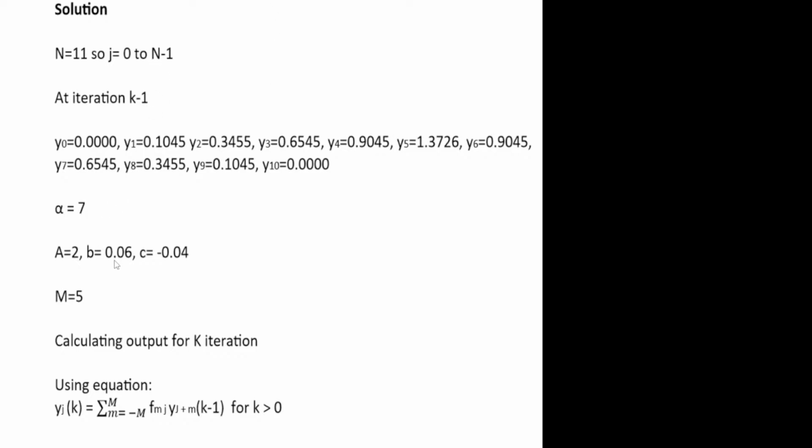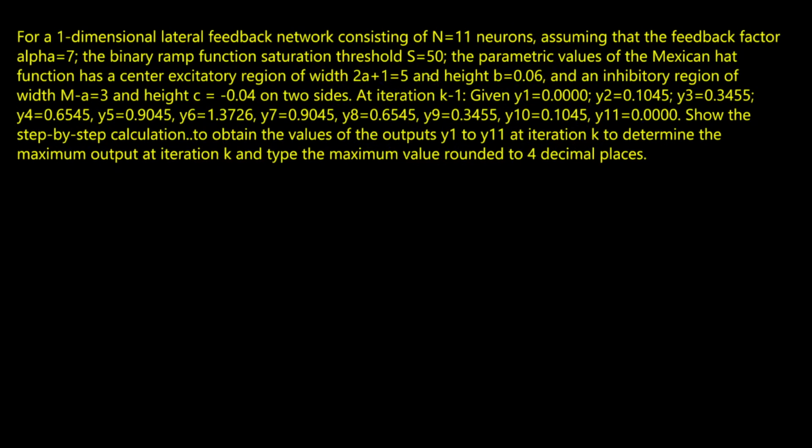Okay, so that is the thing, and the height of the excitatory region is the positive value, which is b equal to 0.06, and the inhibitory region is the negative value, negative 0.04. That is given by the height. Both of them are heights.